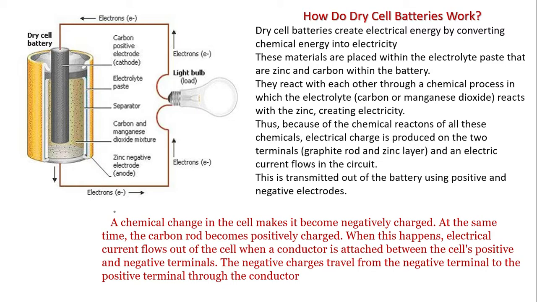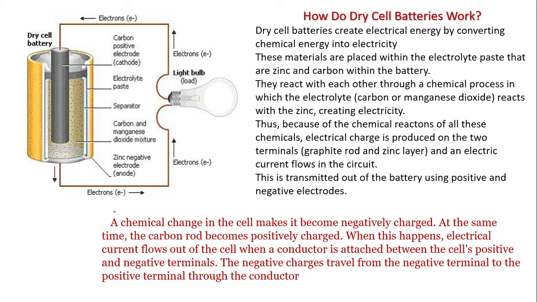We call this electronegativity. So two different materials in an electrolyte are connected through an outer circuit so that one becomes a negatively charged terminal and the other becomes a positively charged terminal, triggering the electric current to flow through the circuit.